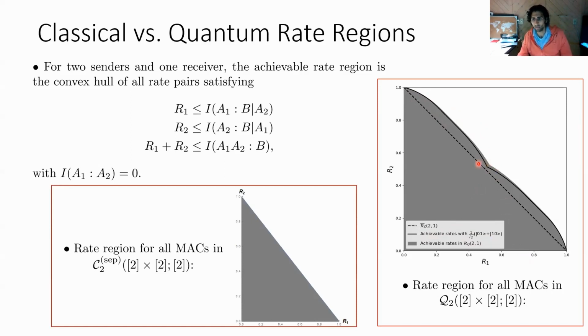I should say, when I'm claiming this, this is all done with very careful numerical analysis, but I don't claim to have a rigorous proof of this bound here. But we did work very hard numerically to get as close as we could to identifying this rate region.